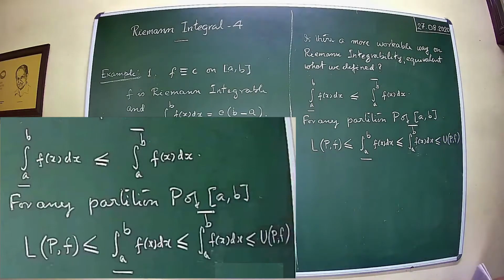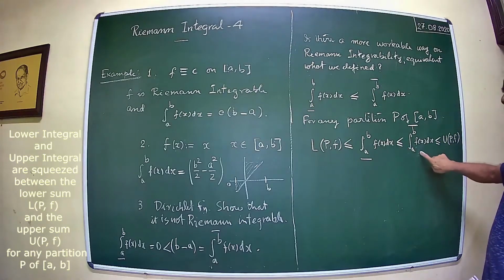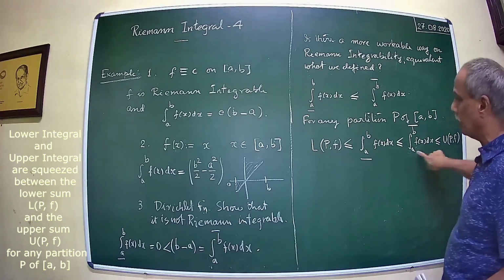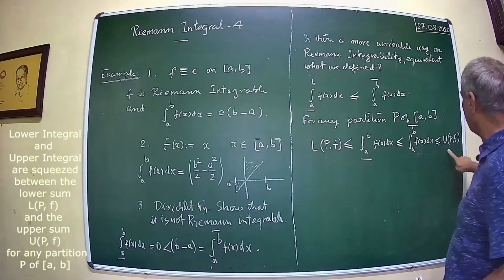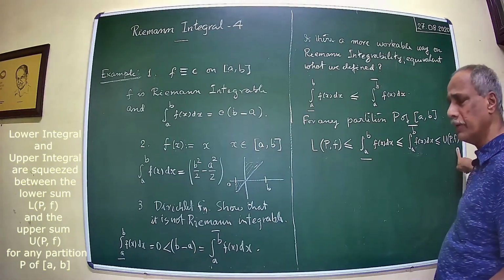So you see that both the lower integral and upper integral are squeezed between the two numbers, namely L(P, f) and U(P, f) for any given partition.